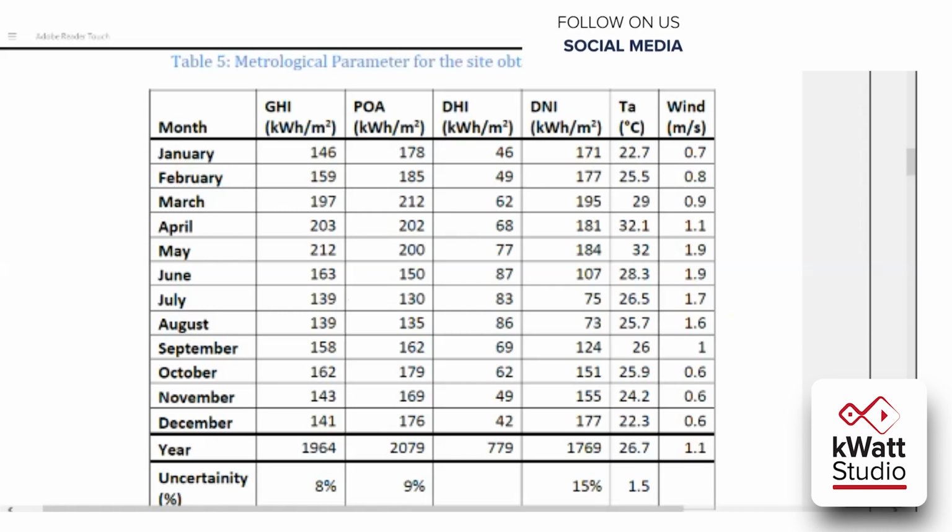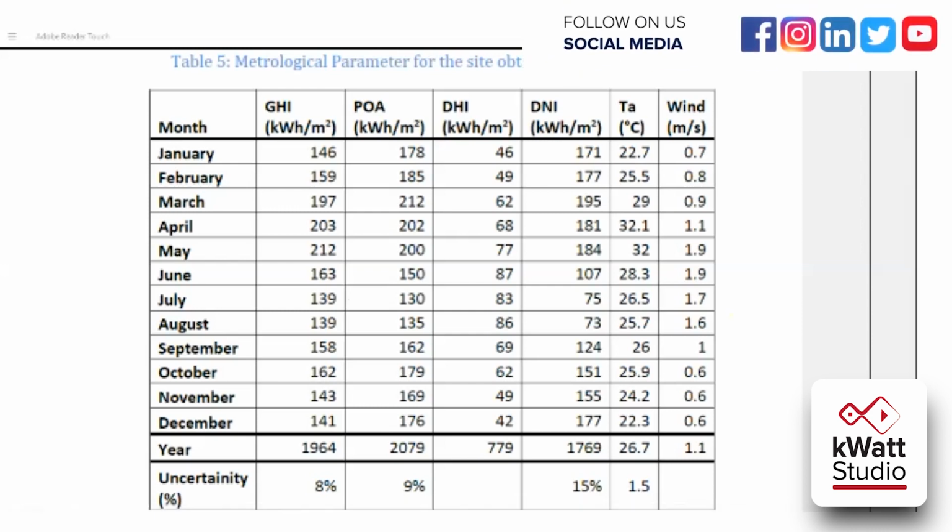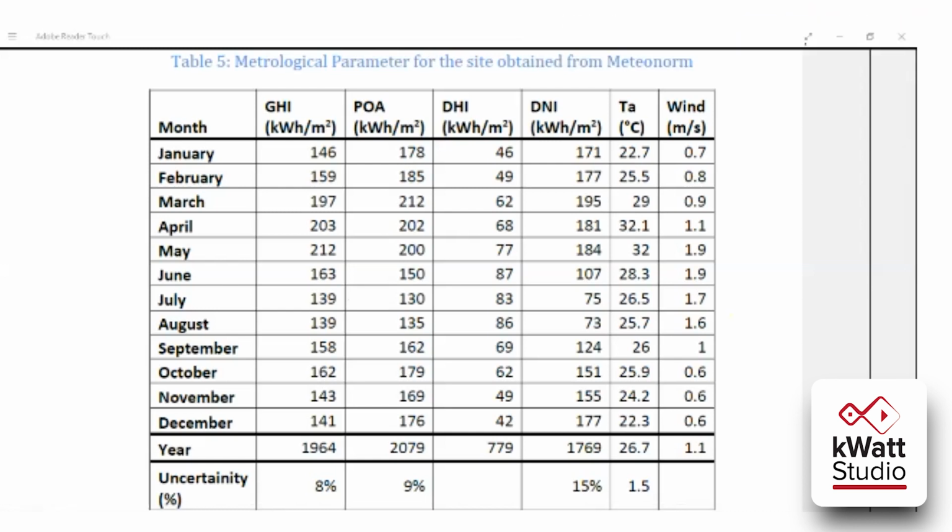GHI is nothing but global horizontal irradiation. POA, plane of array, is the irradiation that you're getting on the solar modules kept at a particular angle. DHI is nothing but diffused horizontal irradiation. Diffused horizontal irradiation means the irradiation that is coming on the surface which is kept parallel to the earth surface, but not direct.